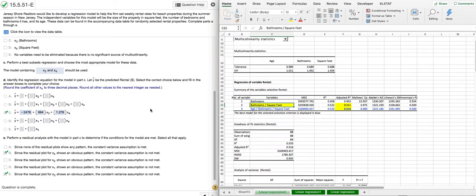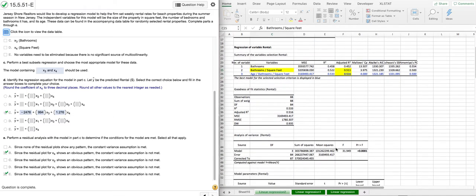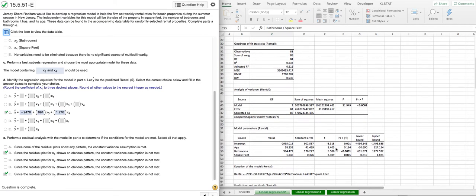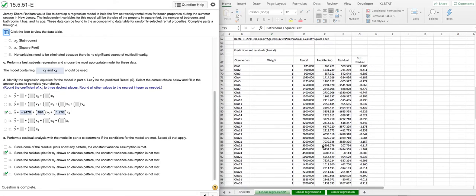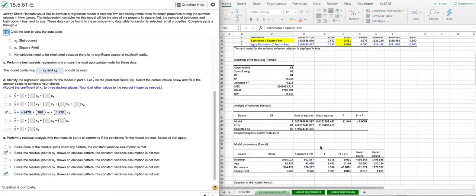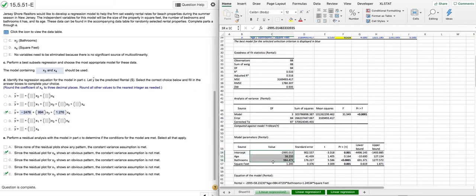Okay, and for part D, we are identifying the regression equation. So here's where we go down and input our coefficients, but notice that the coefficients for this model are based on all three of the independent variables.